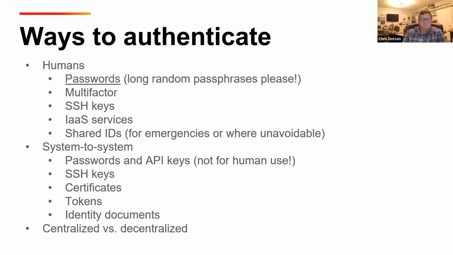And so passwords and API keys can be used there. You do have to be careful for system to system, because you end up with a problem called secrets management, where if you leave that password lying around, just in a data file or something, anybody who gets into that system can get that API key and then use it.